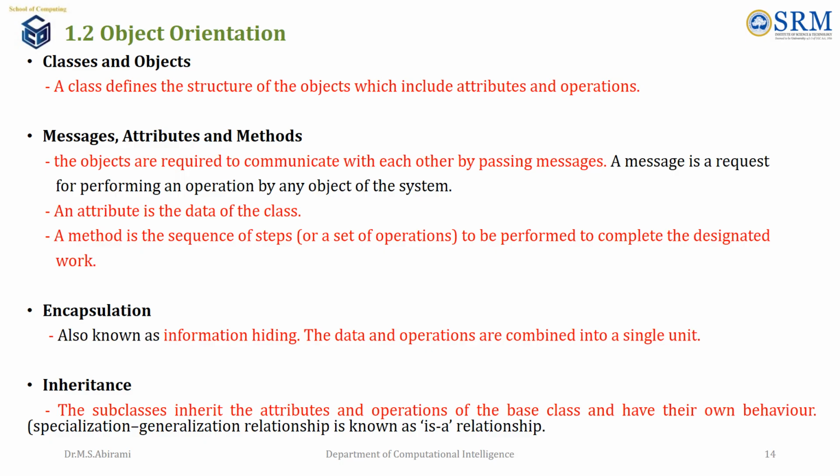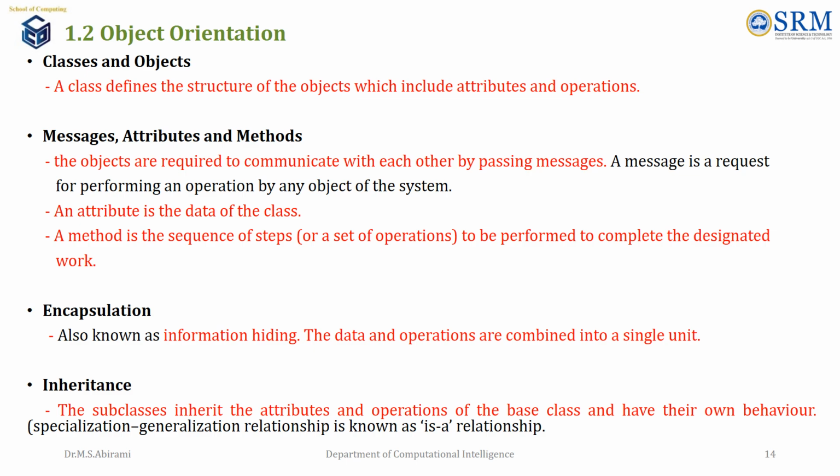Next are messages, attributes, and methods. Objects are required to communicate with each other by passing messages between the objects. A message is a request for performing an operation by an object of the system. An attribute is the data of the class. A method is a sequence of steps or set of operations to be performed to complete the designated work.